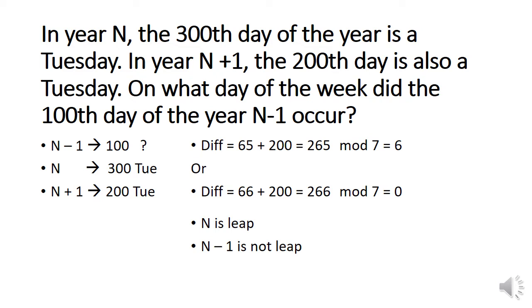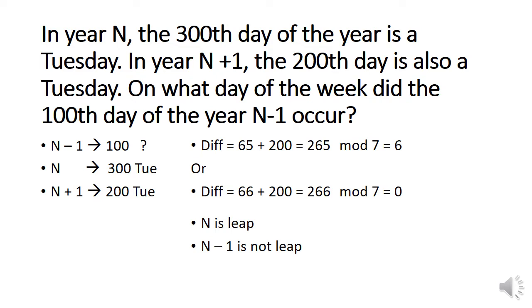Okay. So now let's calculate how many days there are between the question mark, here the day that we are trying to find in year n minus 1, and a Tuesday in year n. So now we know that n minus 1 is not leap, so it must contain 365 days only.